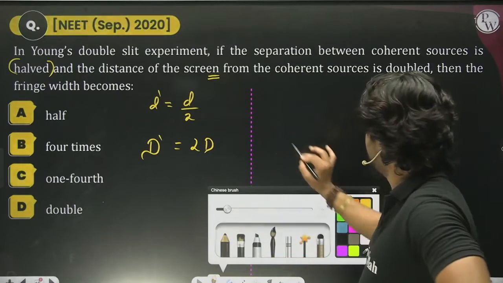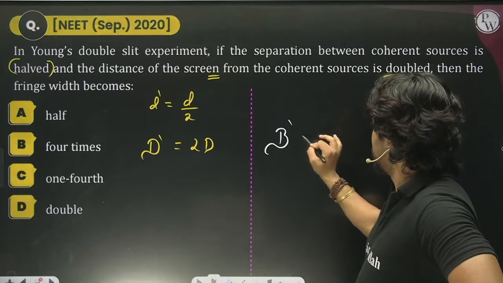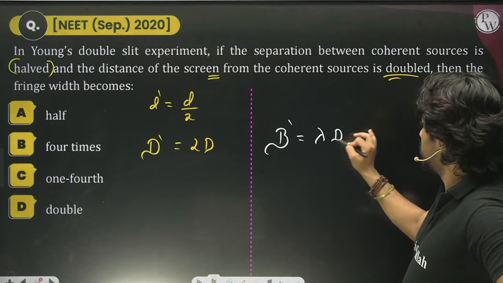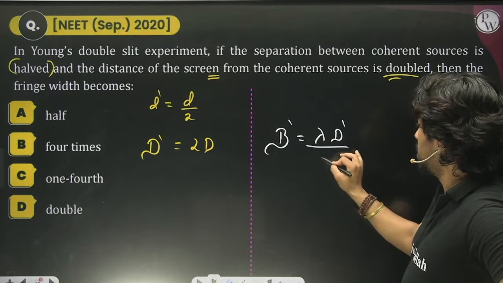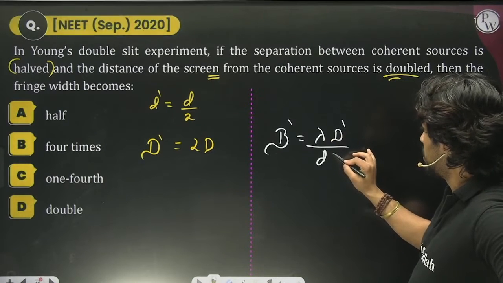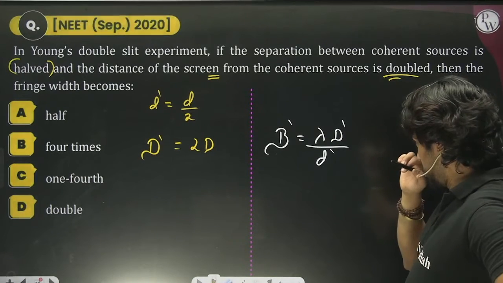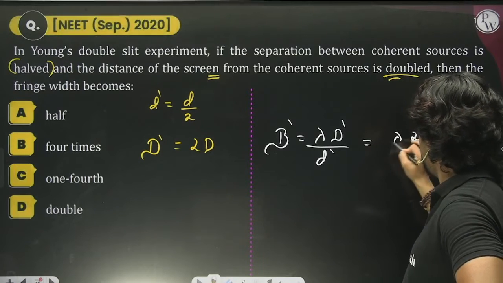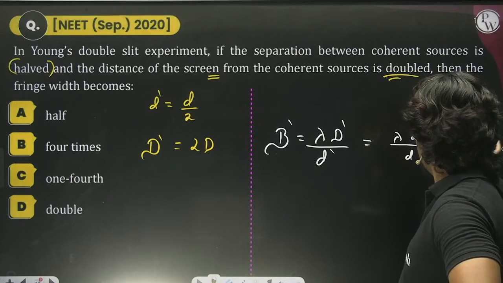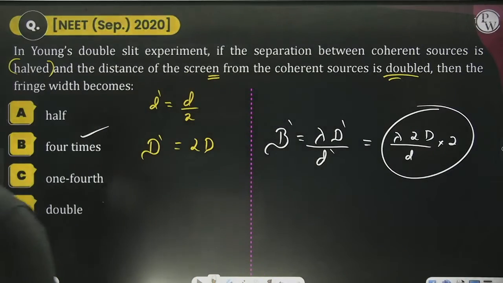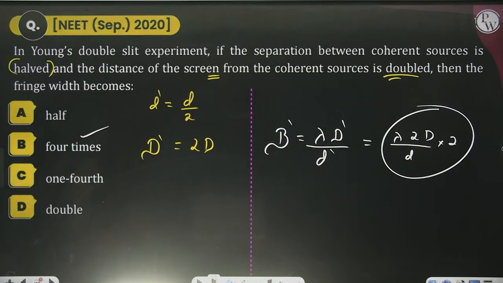The fringe width is going to be lambda D dash by d dash, compared with lambda D by d. This turns out to be lambda into 2D divided by d by 2, so this turns out to be 4 times. Note it down quickly.